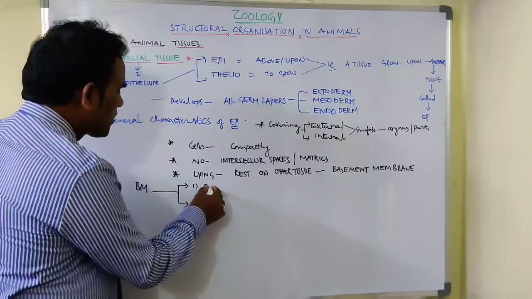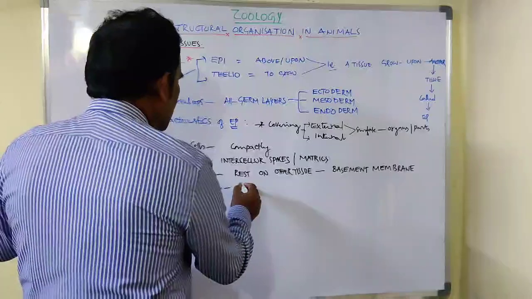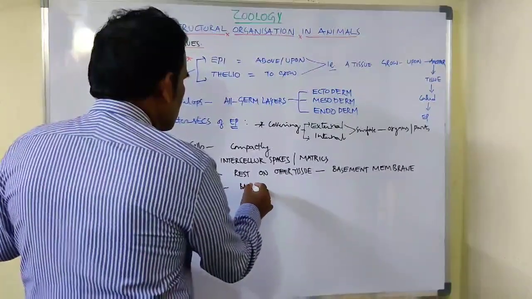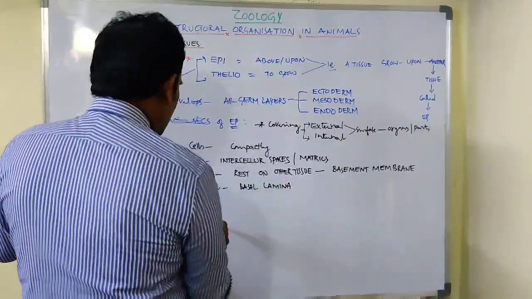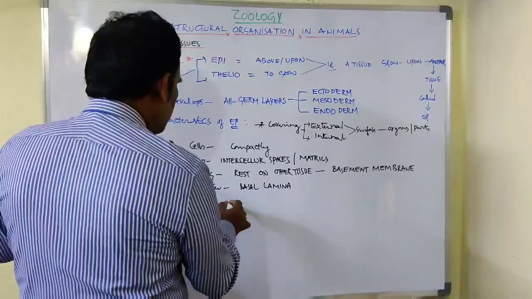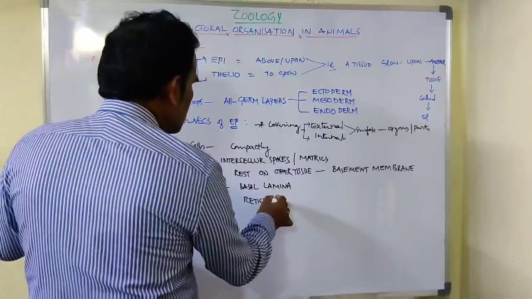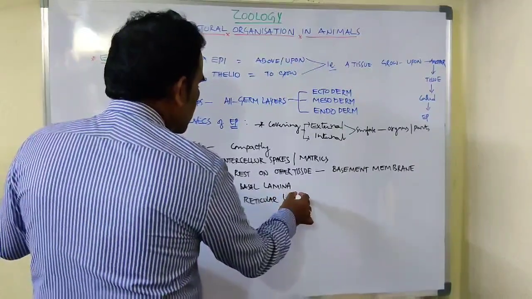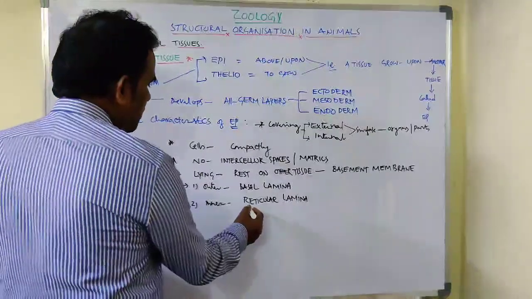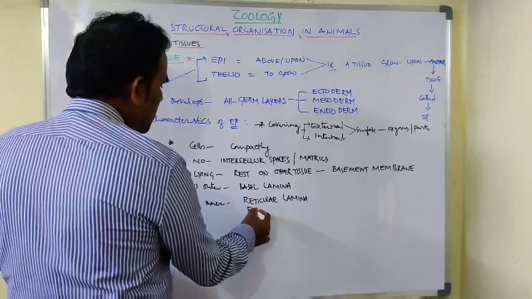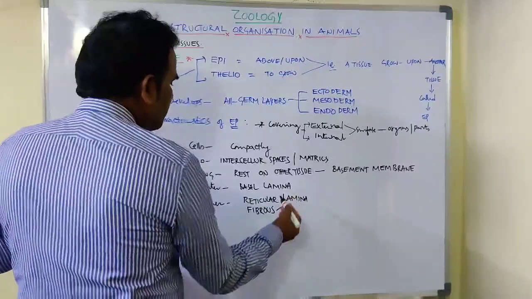The outer layer we can call basal lamina. And the inner one is called reticular lamina, or fibrous lamina.